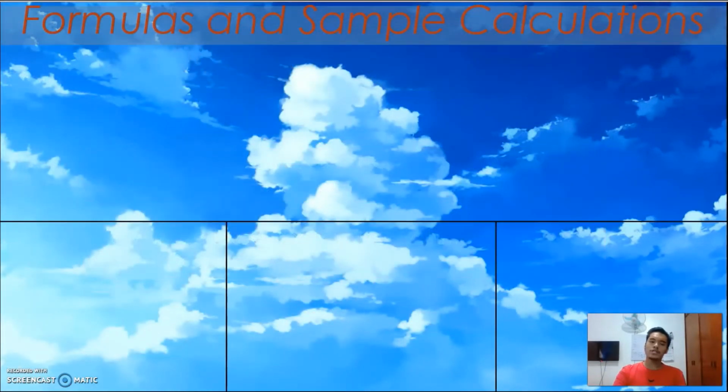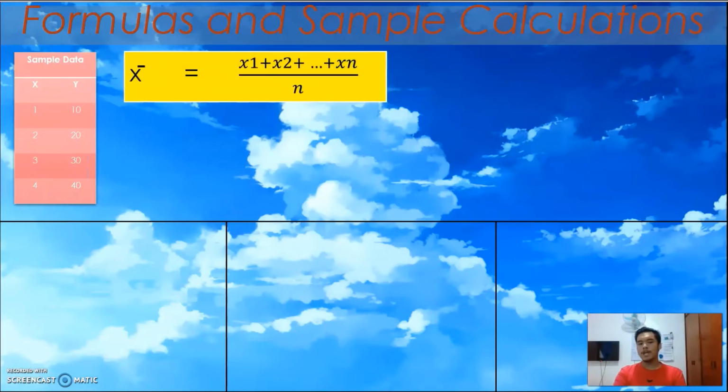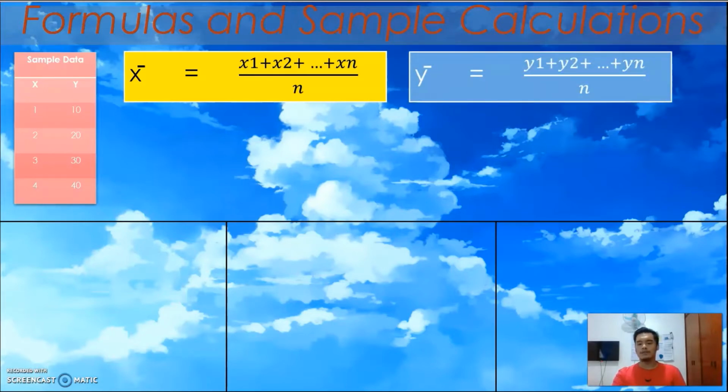And of course, before everything else, I need to show you some formulas and sample calculations. Though I already discussed this in Episode 1, there's nothing to hurt when we're discussing this again. So, I have the sample data, and the mean of x is simply the sum of the data given over the number of data. Same in the y version.